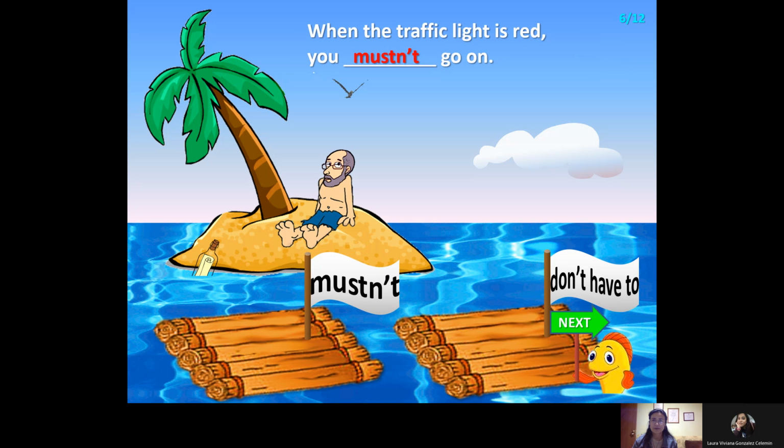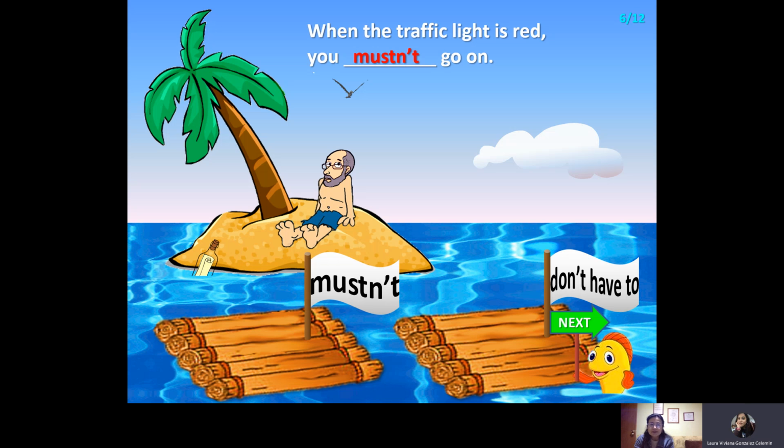When the traffic light is red, Laurita, you mustn't go on or you don't have to go on. What is the appropriate one? Can you read the complete sentence?